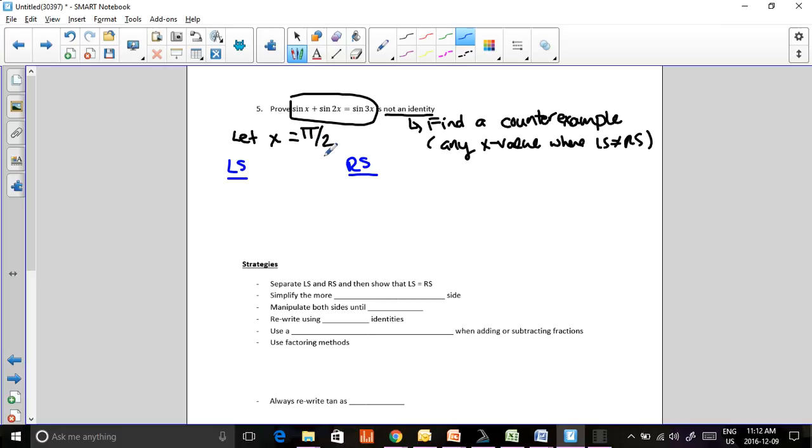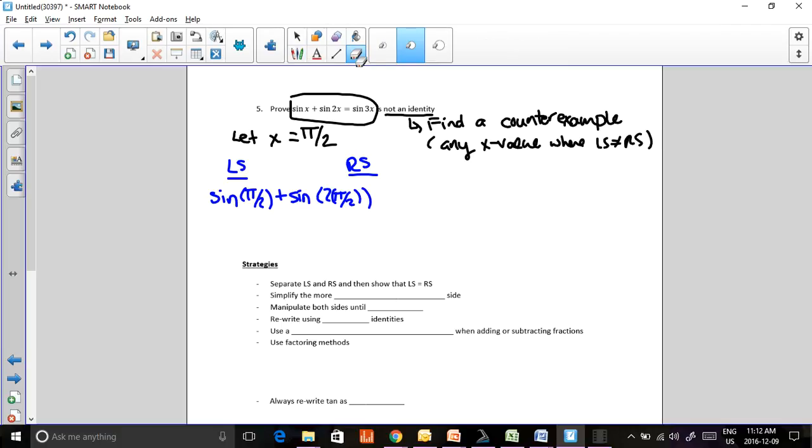Okay, I picked pi over 2 because I know exact values, and sine of pi over 2 is pretty easy. So sine of x, so sine of pi over 2, plus sine of 2 times pi over 2.